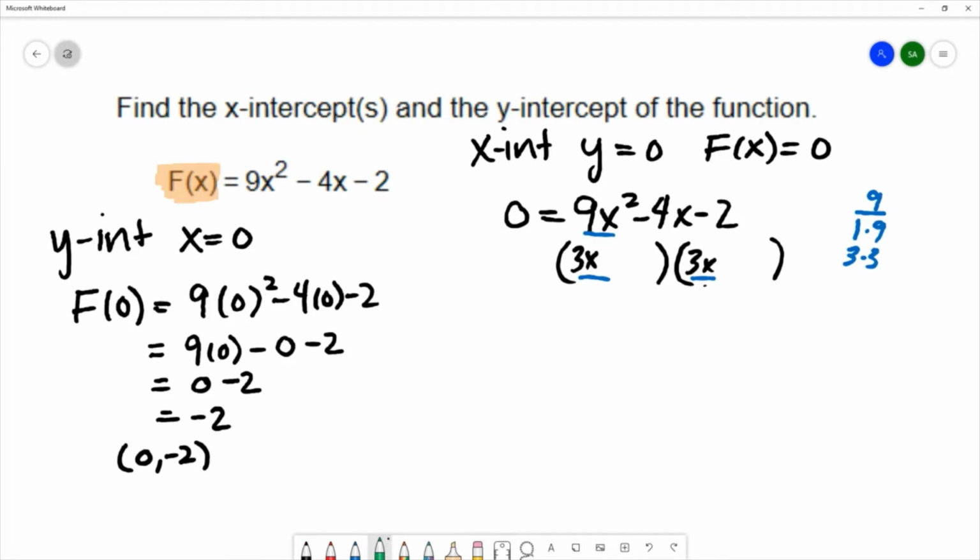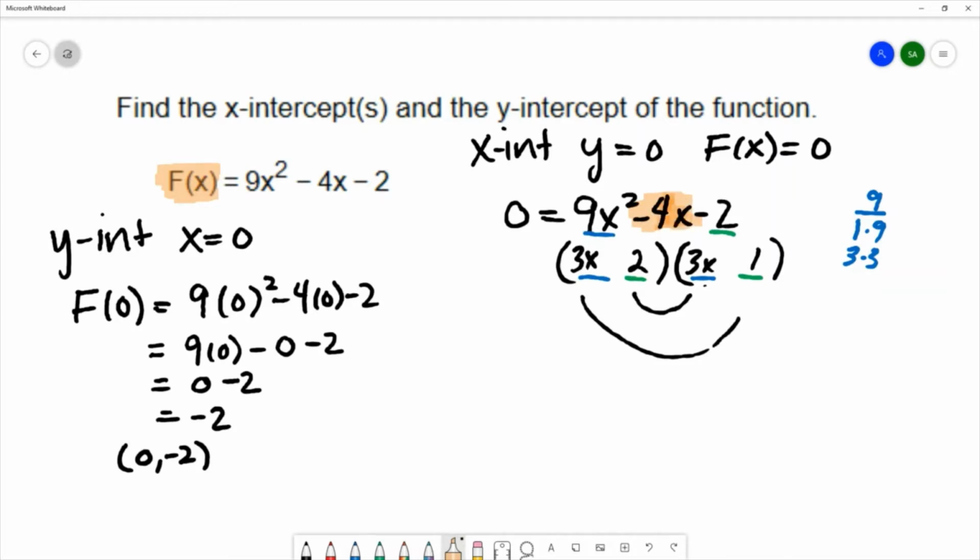The numbers that go in this position and this position need to multiply to be negative 2. I only have one choice for factors of 2. That's 2 times 1. So I'd do 2 and a 1, and I would test out the inside and the outside because I want to make sure that I would get the right middle term.